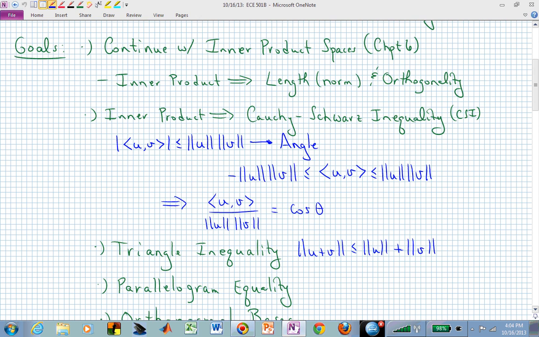But if you now have that same quantity, U norm, V norm, on both sides, if you divide by that, now you have a 1 on the right-hand side, you have a -1 on the left-hand side, and you have this quantity, the inner product of U and V over the norms of U and V.